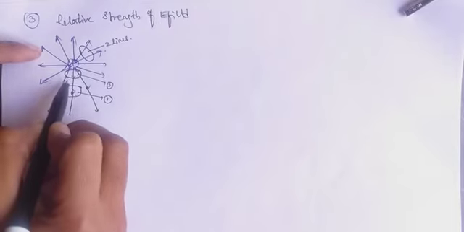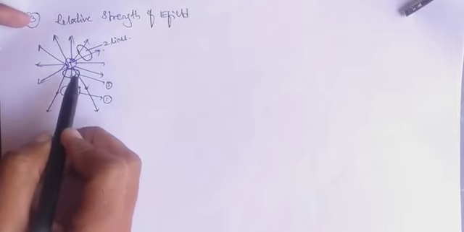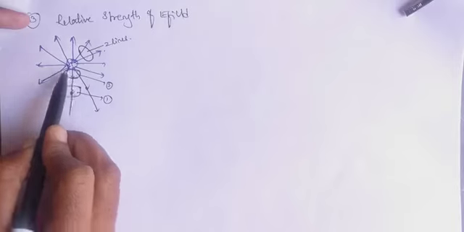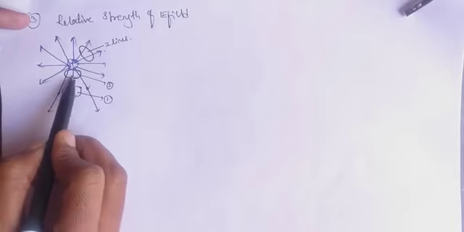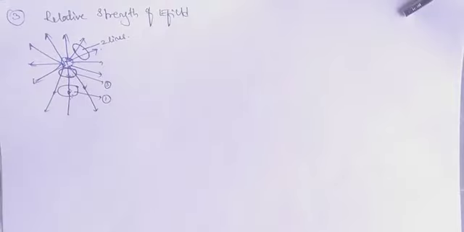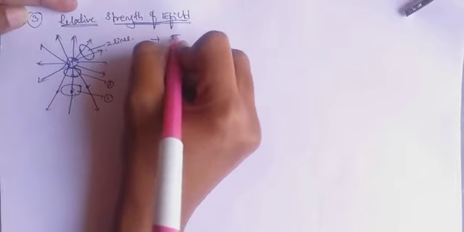If you place a charge here and another charge here, the force experienced by the charge at this place is greater than at this one, because the concentration of the lines at this place is maximum and at this place minimum. That's why electric field lines represent the strength of the electric field.